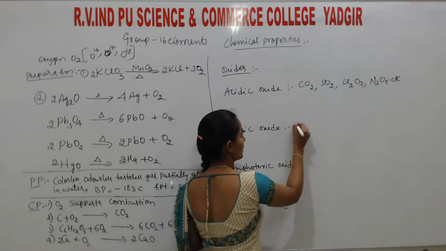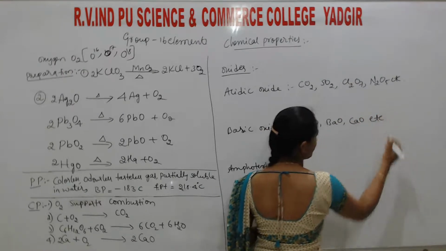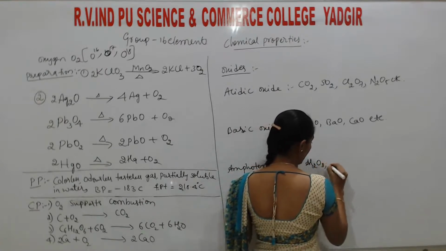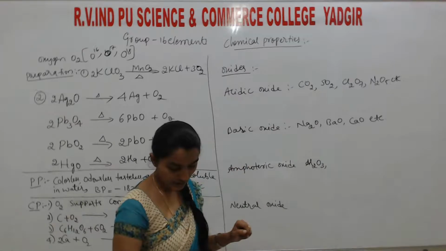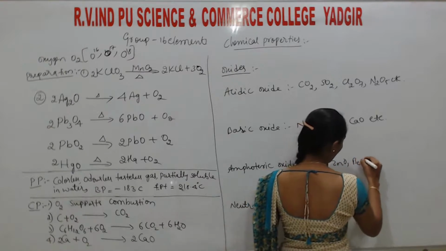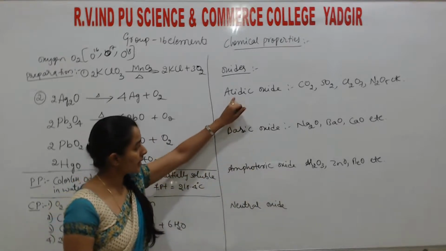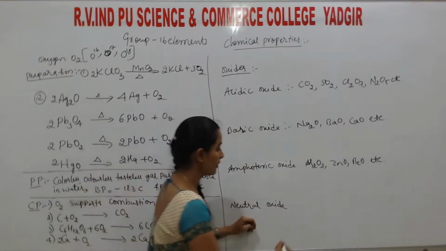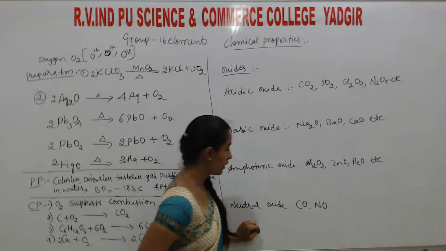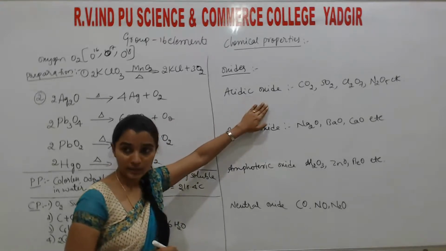For basic, I take Na2O, BaO, CaO, etc. For amphoteric, I take Al2O3, ZnO, BeO, etc. Later I will explain what acidic, basic and amphoteric mean, and for neutral, that is CO, NO.